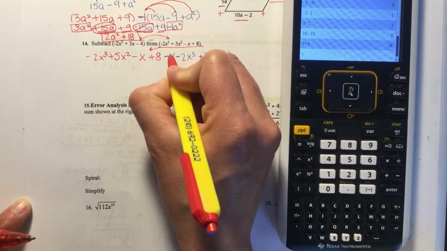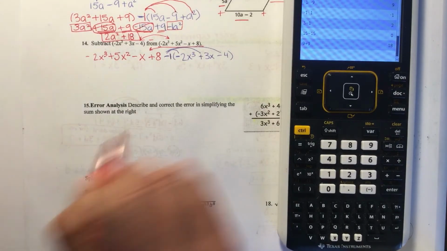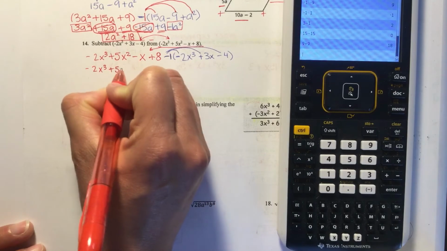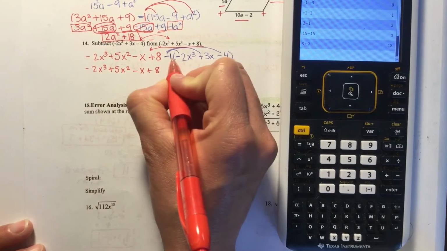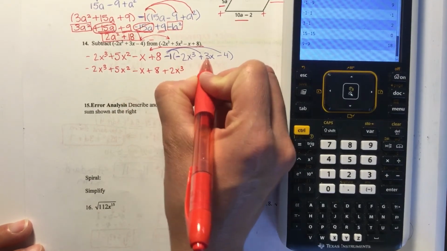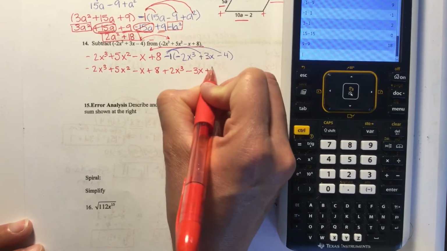So when you do that, you have a negative 1 that you need to distribute to each term inside the parentheses. So bring everything in the front down, negative 2x cubed plus 5x squared minus x plus 8. When you distribute, this is going to be a plus 2x cubed. Distribute and multiply, this is going to be a minus 3x. Distribute and multiply, that's a plus 4.